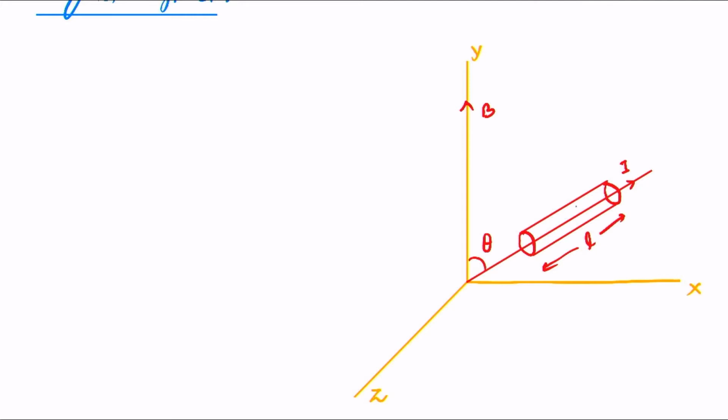Then the electrons will move opposite to the conventional direction of current, and that is in this direction. This is the direction of flow of electrons in this conductor.